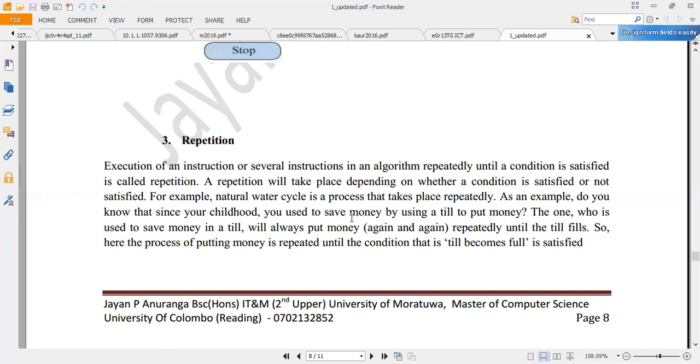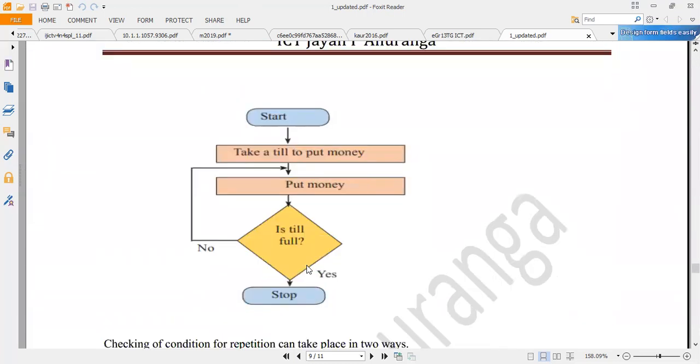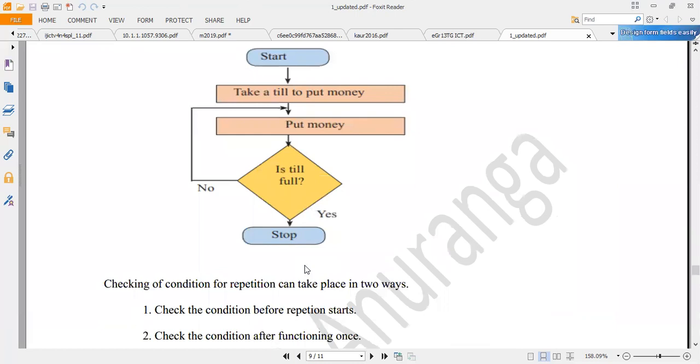There are many examples in our day-to-day life where we do things repeatedly until some condition is satisfied. We are training, we are learning sometimes repeatedly to reach some satisfied state. The first example: start, take a till, and put money as the process. There are two processes.